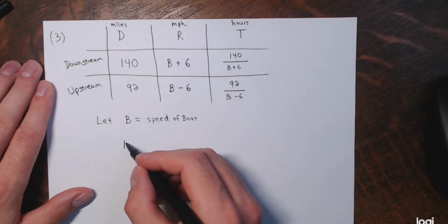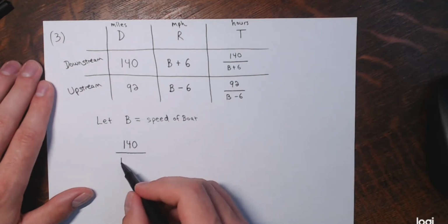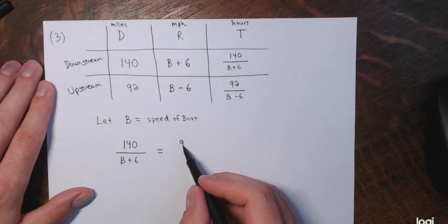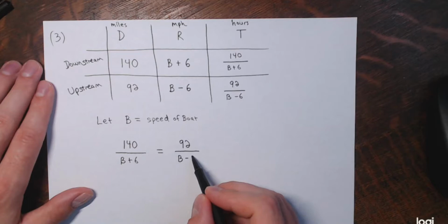So the time it takes for this boat to travel 140 miles downstream, which is 140 divided by B plus 6, equals the time it takes to travel 92 miles upstream. So 92 divided by B minus 6.